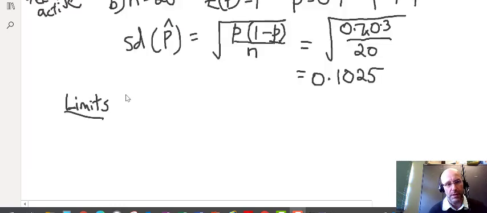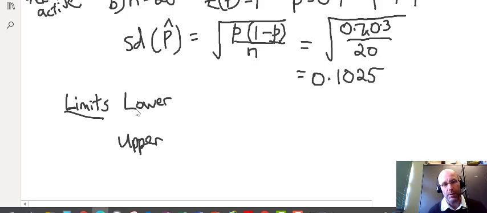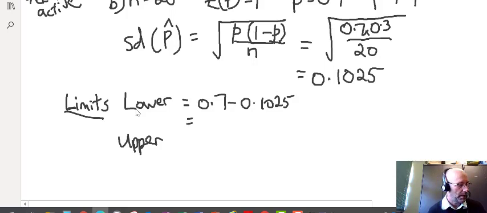Now the lower limit and then the upper limit, we've got to work them out. So the lower limit equals the mean take away the standard deviation. And calculating that, I get 0.5975.